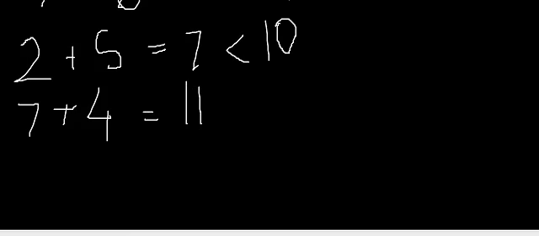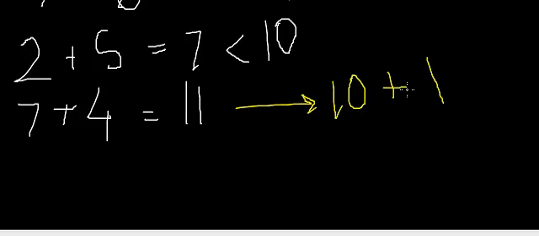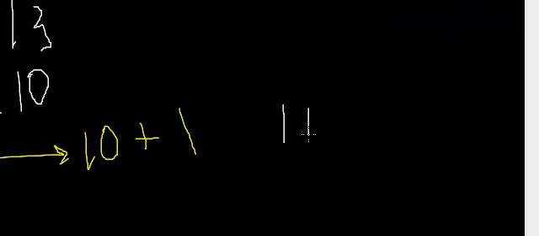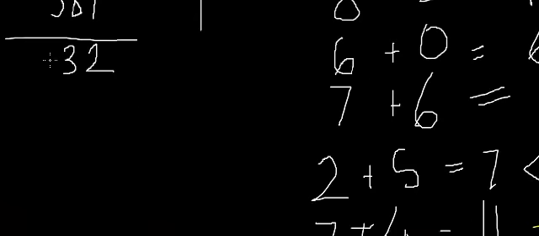And 11 can also be written as 10 plus 1. And we just put the dot over the 4 and add 1 to 8. So that's 1 plus 8 is equal to 9. And we just put the 9 in the answer.